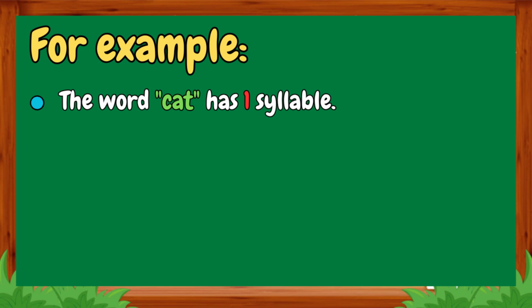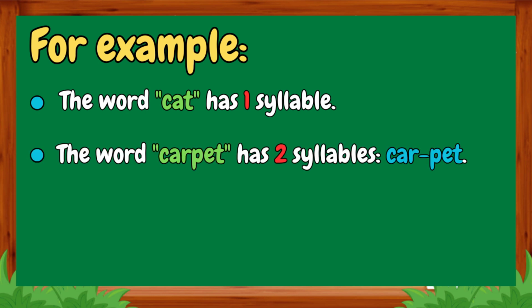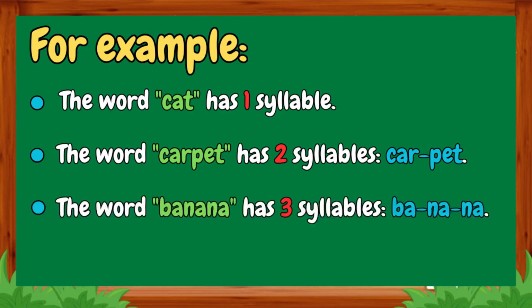The word cat has one syllable, cat. The word carpet has two syllables, car-pet. The word banana has three syllables, ba-na-na. Now that we know what syllables are and how important they are to form these comparative and superlative adjectives, let's go ahead and form these adjectives.